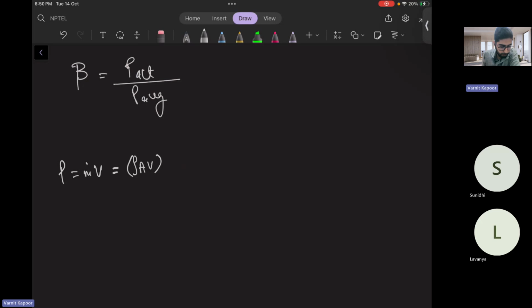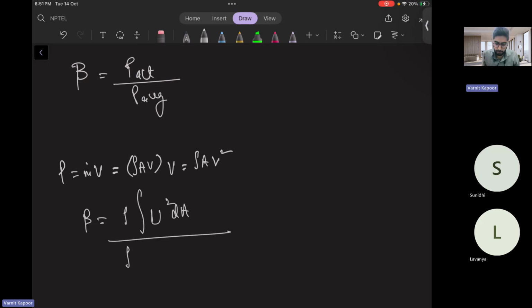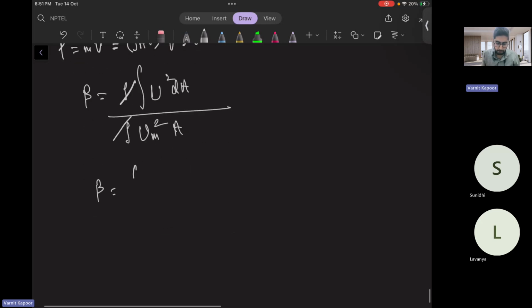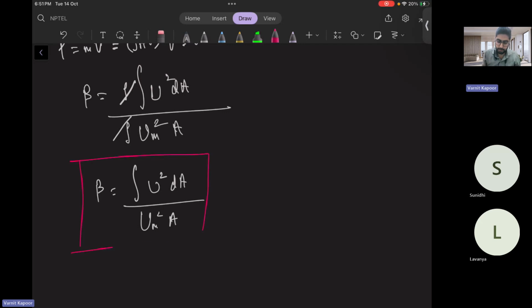Rho A V, into velocity, so that is rho A V square. This is actual. So beta will be rho, integral of U square dA, to that of rho into U mean square into A. So rho and rho cancel out. So beta, the momentum correction factor, is nothing but integral of U square dA over U mean square A. This is your momentum correction factor.